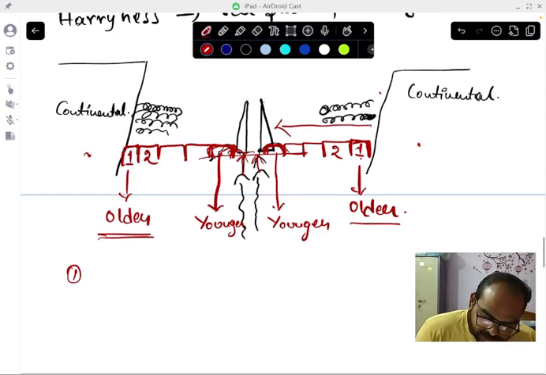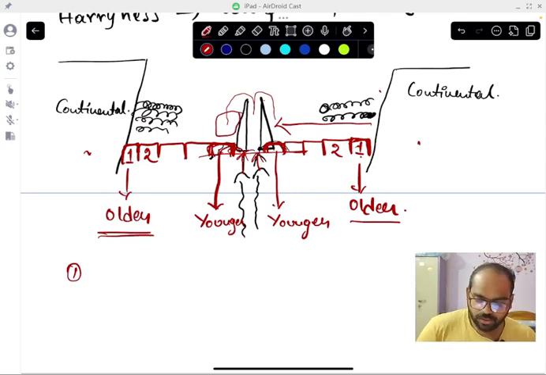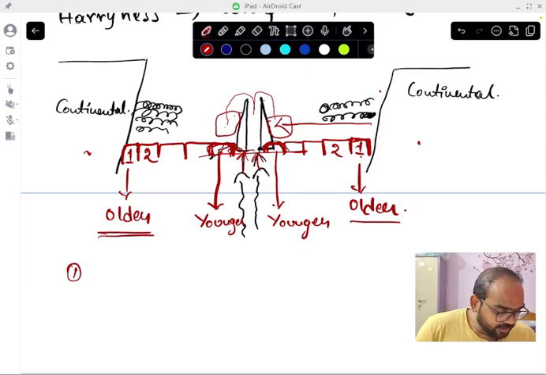As lava oozes out, a rock is formed here, a rock is formed here, a rock is formed here. The rocks equidistant on either side of the crest show remarkable similarities. Why? Because they were formed at the same age, at the same period of time. They both formed at the same period of time.